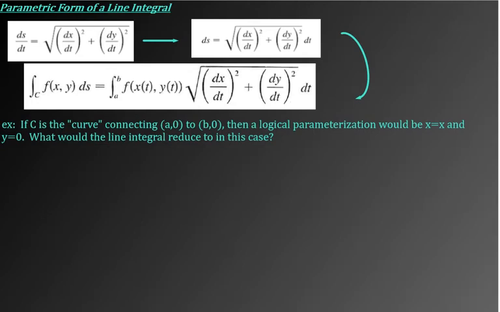So this is what we would call the parametric form of a line integral, and it comes out of ds dt, which is the kind of thing we saw with arc length. We saw this before, where this is just the square root of the derivative of the x component with respect to time squared plus the derivative of the y component with respect to time squared, and you could scale that up to higher dimensions if you wanted. And so you could also multiply by dt, and that would mean that ds is this thing, right?